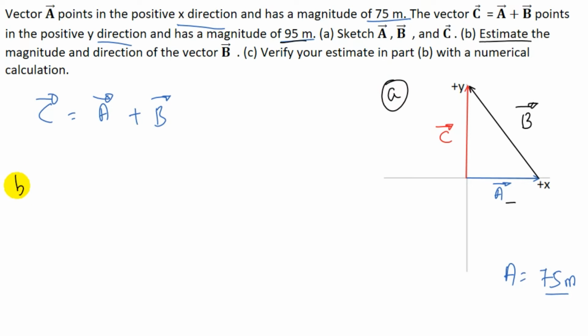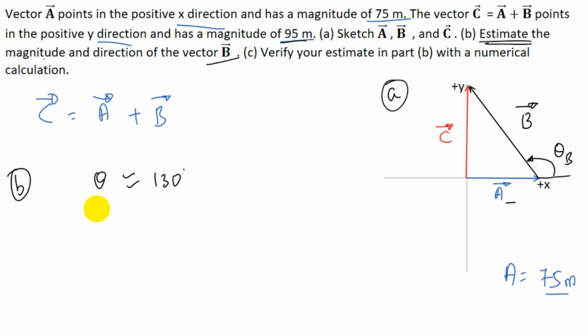Now next we're going to solve the B part, where we have to estimate the magnitude and the direction of vector B. Now direction we always measure from the positive x direction and in the anti-clockwise direction. So this would be theta B. Now clearly it is visible that this angle theta B will be greater than 90 degrees and near about you will get this value to be 130 degrees. I'm just estimating it.